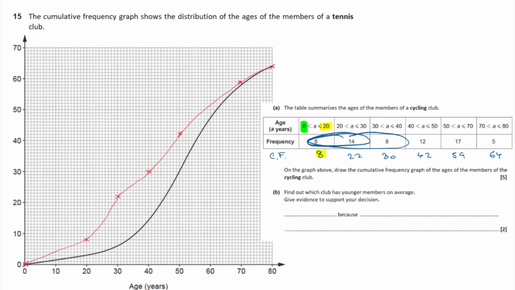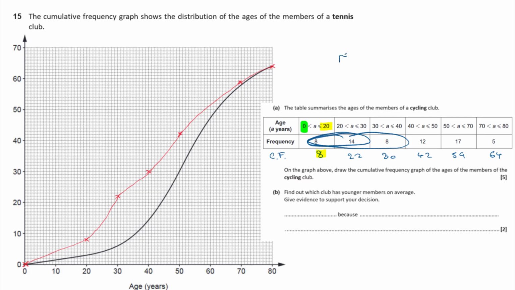Right, so find out which club has younger members on average. Give evidence to support your decision. Okay, well, the easiest average to find here is going to be the median. Now, the median is, you find the midpoint of your data. So I've got 64 data points for both.